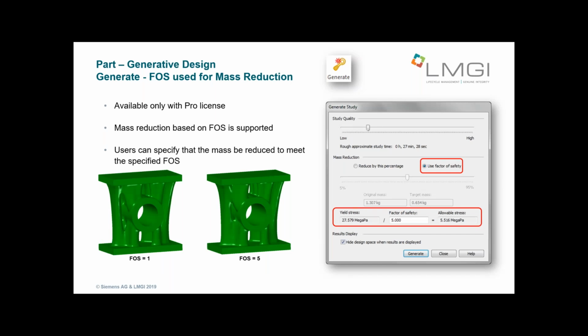Now another option here that's available with the Pro license, different ways to reduce the mass. You can obviously adjust your factor of safety if you want to, and use that as input.